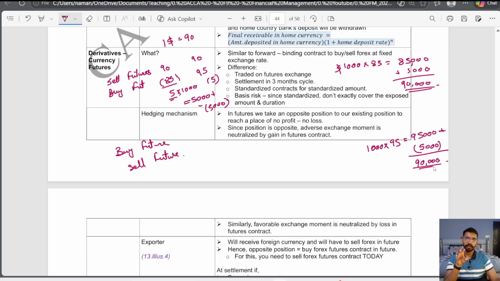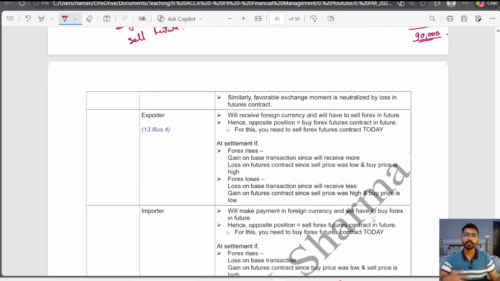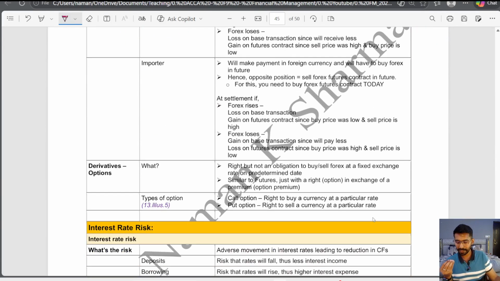So option contracts give you a right to enter into a futures contract. It is a right to buy a currency at a particular rate. It is not an obligation.